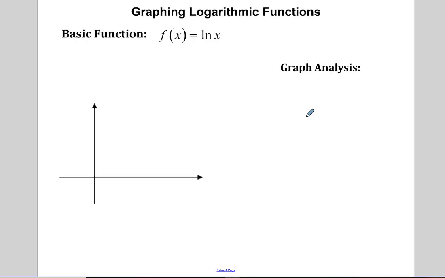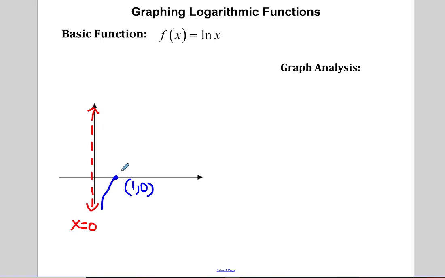And finally, we want to be able to analyze a natural log function. So similar to the log base b, we have a vertical asymptote at x equals 0. Natural log of 1 is 0, so we have the point (1, 0).